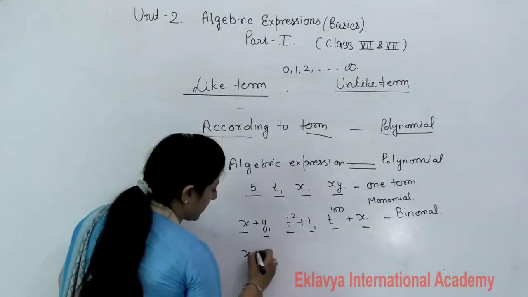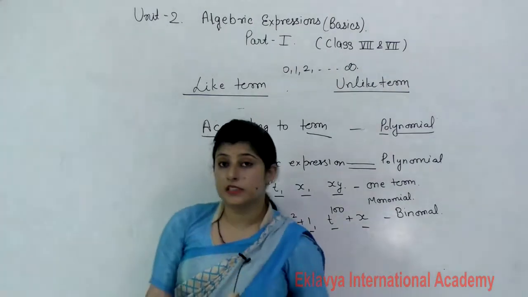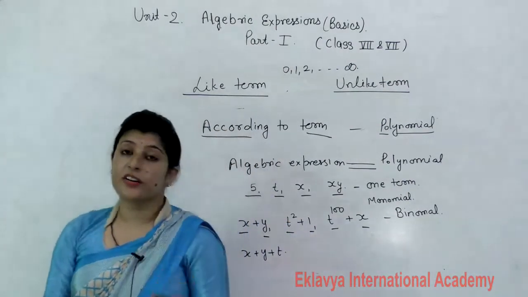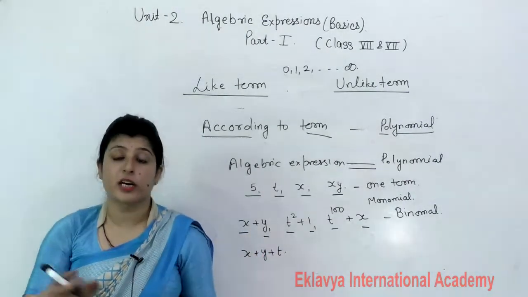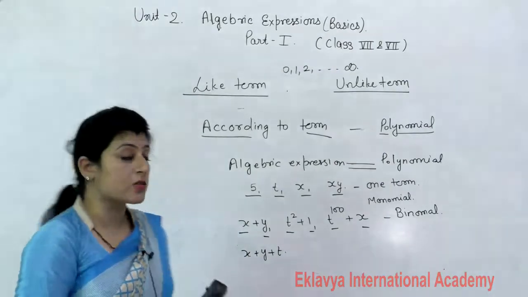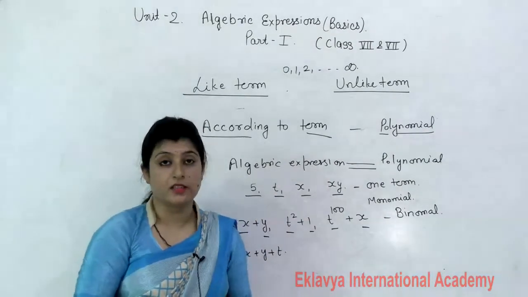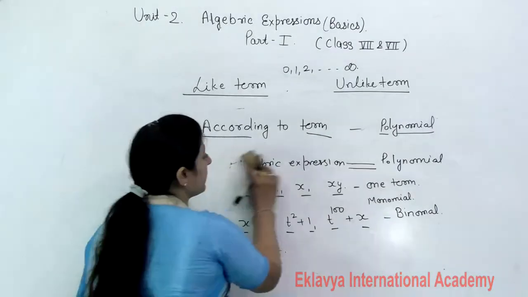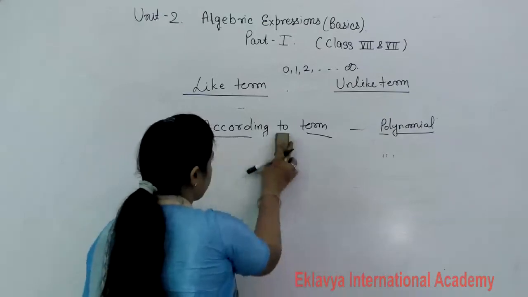If any has three terms, then it is called a trinomial. More than 3 terms, 4 terms like this, then it is called a polynomial. So this is how we describe the types of polynomials.